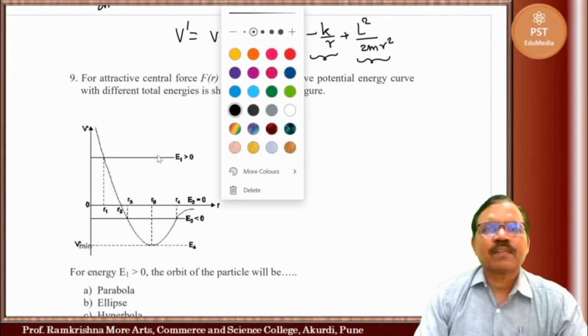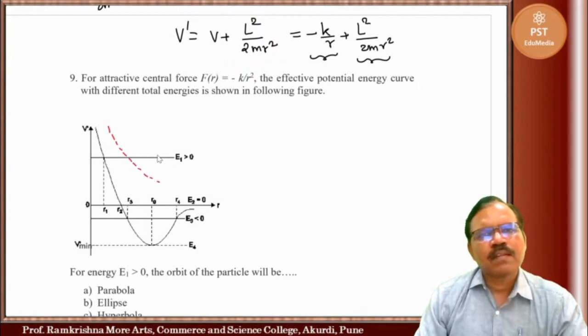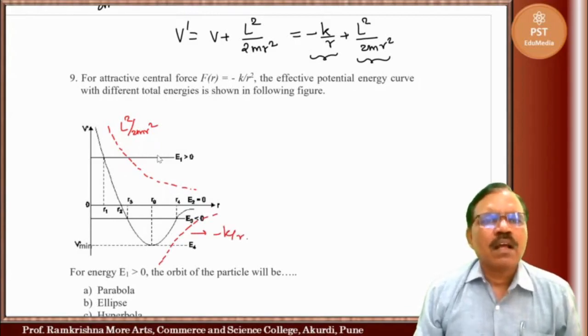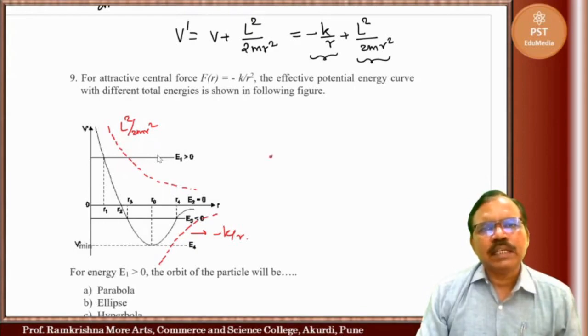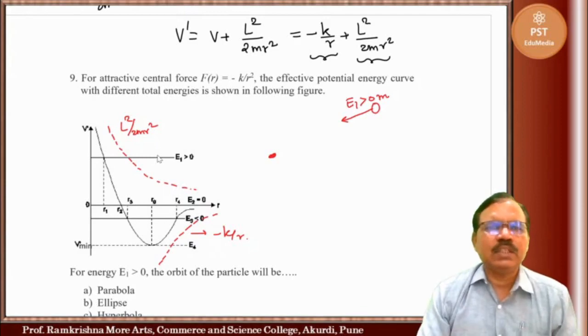Actually, you will have a graph: this is the graph for L square upon 2mr square, and this is the graph for minus k by r. Suppose this is the center and this is a particle of mass m approaching the center with energy E1 that is greater than 0, meaning this point.